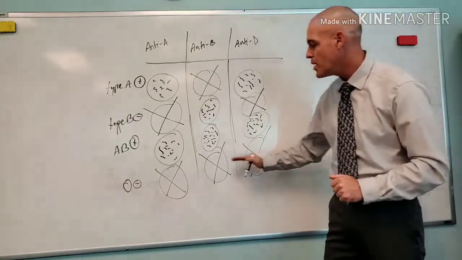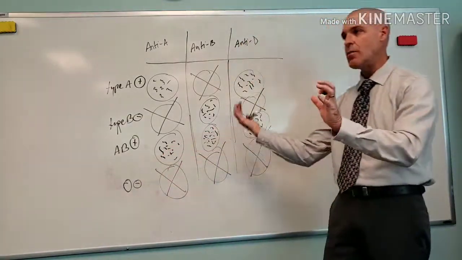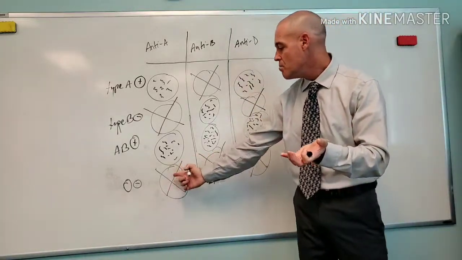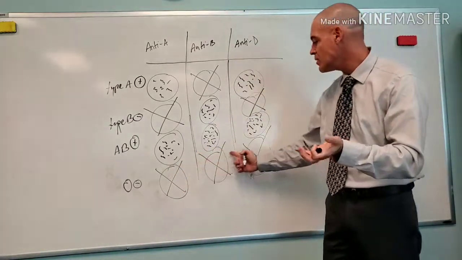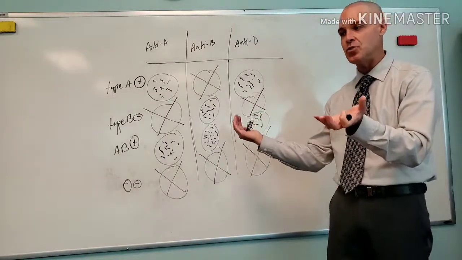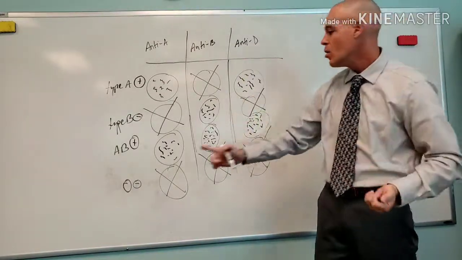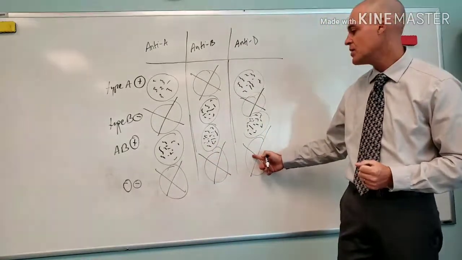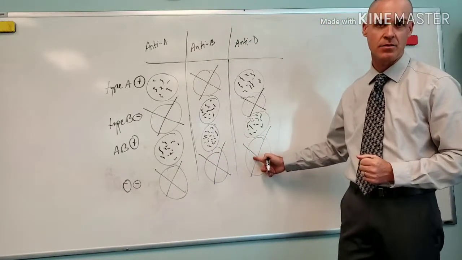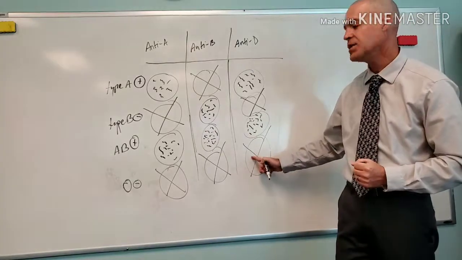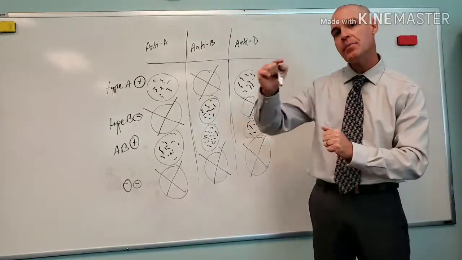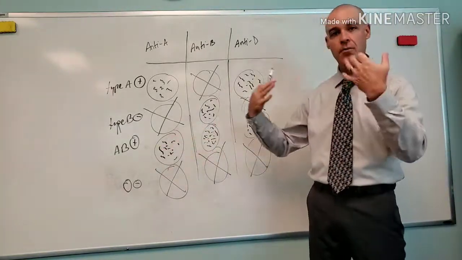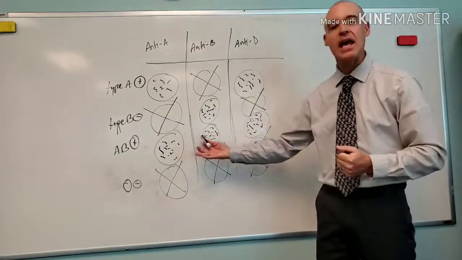And this is why we can put O blood in somebody else's body, anybody else's body, because when we put in O negative without any antigens, when we're missing all the antigens, we put it in somebody else's body, we get no reaction. There's no antigen to antibody reaction. That is key to remember. Just the opposite of that, ABs can receive from anybody because they don't have the antibodies.